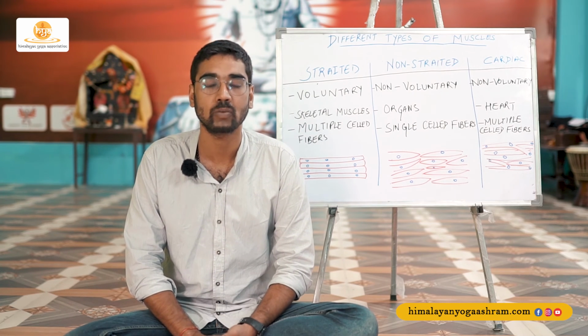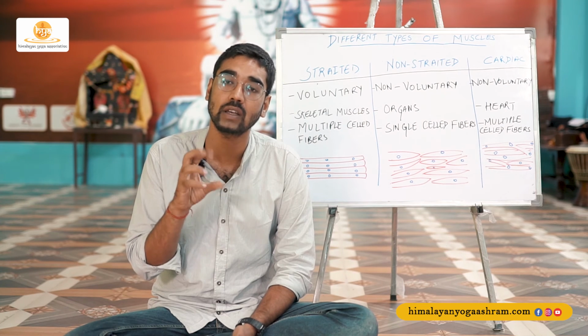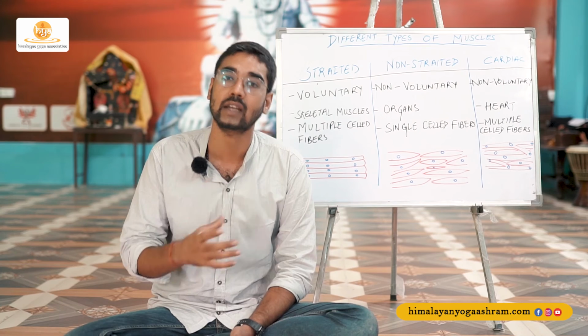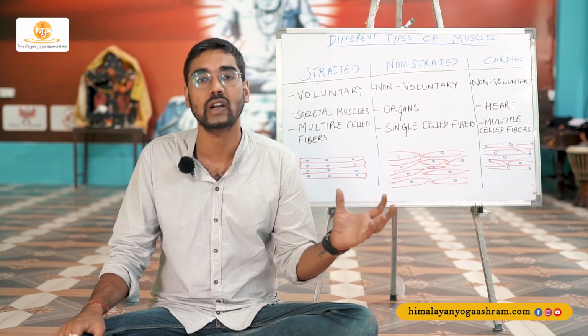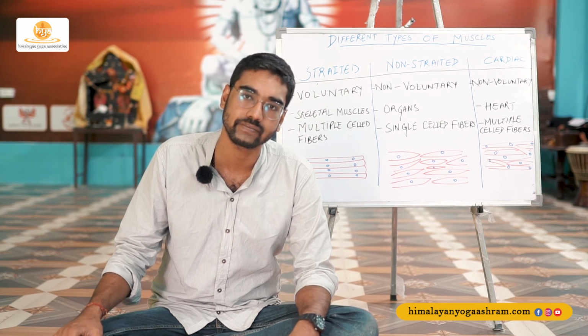So, having this responsibility and having this structure, constant functioning, constant pumping requires it to stay active throughout their lives, and probably that is the reason why the Creator provided us with a heart which is made up of a very special muscle.